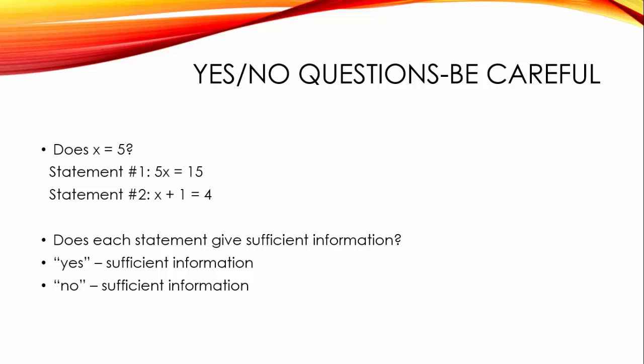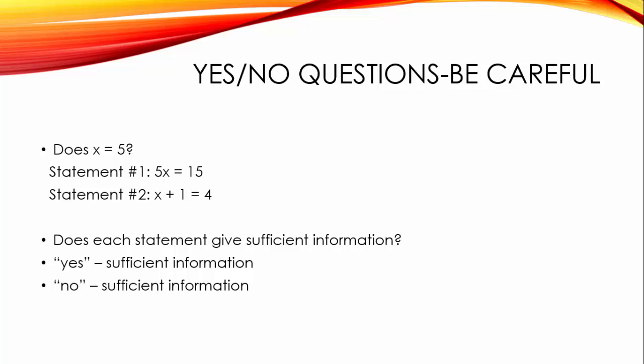You are trying to answer the sufficiency question. Does each statement give sufficient information to determine a definitive answer to the prompt question? If you can answer with a definitive yes, then you have sufficient information. But if you can answer with a definitive no, you also have sufficient information.